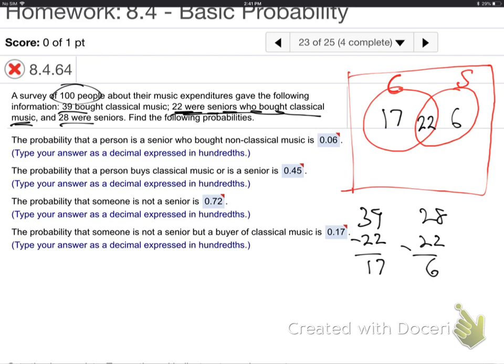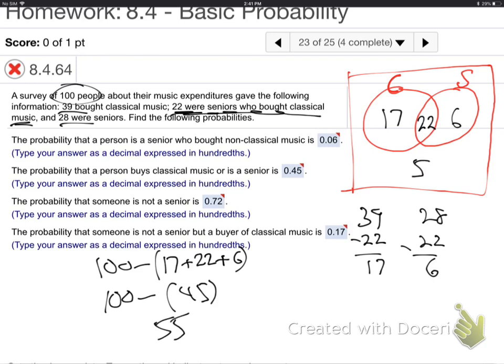So add those all up, subtract from 100. So 100 minus 17 plus 22 plus 6. Whatever that is, 39, 45. Is it 55? I did it quick, did I do the math right? 55. 55 out there.